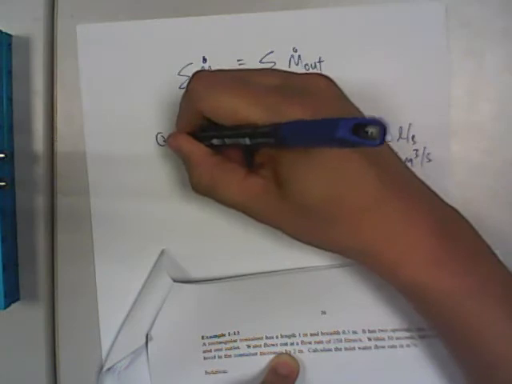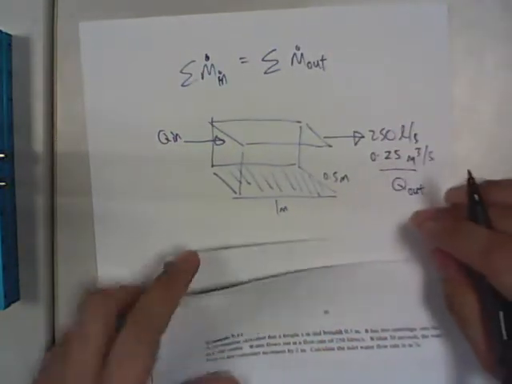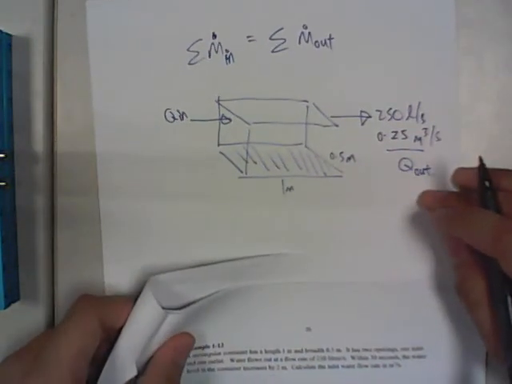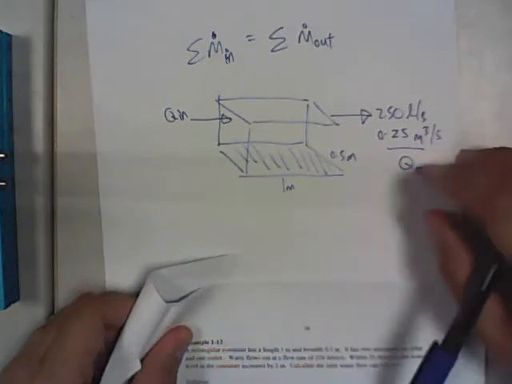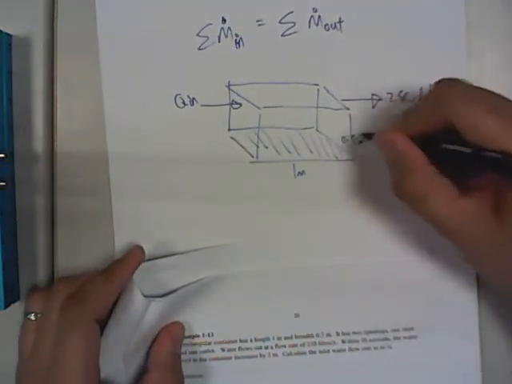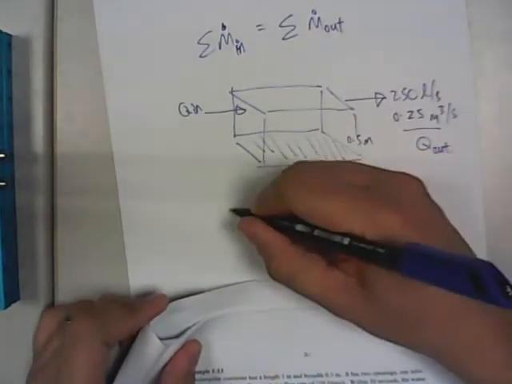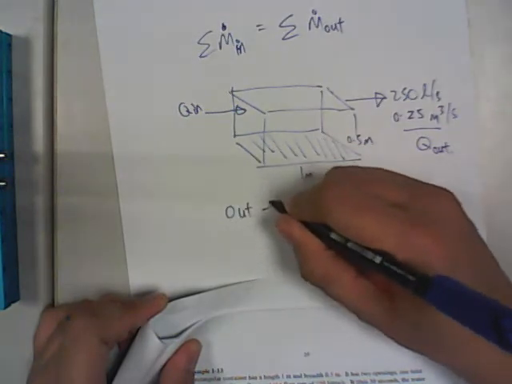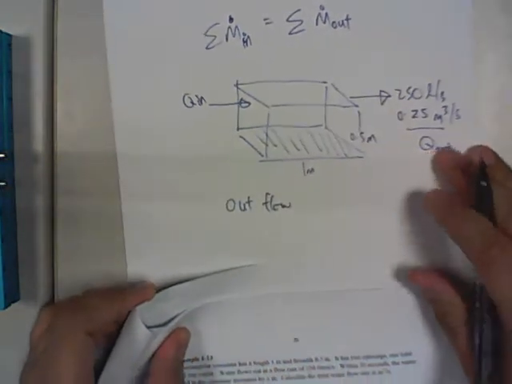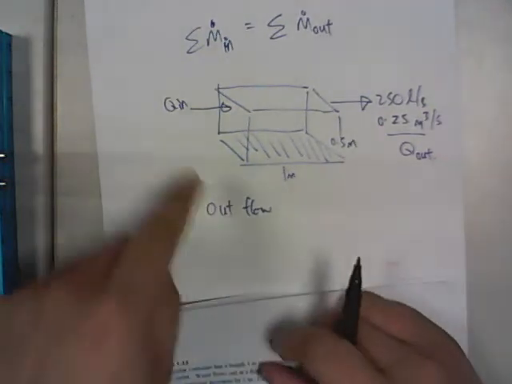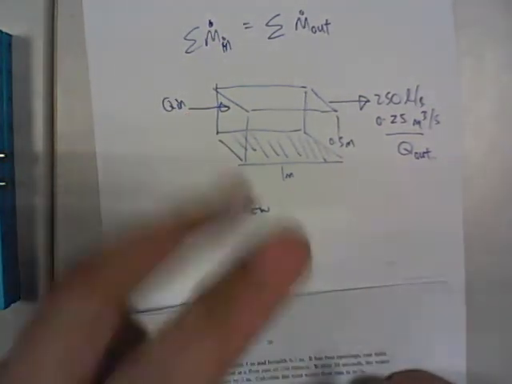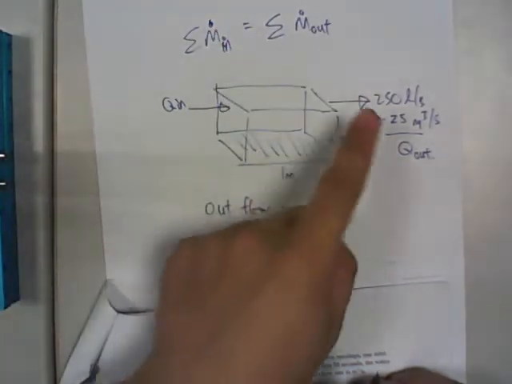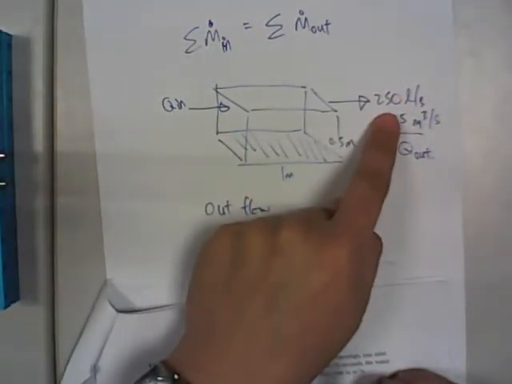So what exactly is Q in? The thing is that within 30 seconds, the water level increases by 2 meters. You can actually treat this as a form of outflow. So what it means is that whatever comes in through the inlet will be going out through two channels. The first channel is that 250 liters per second.